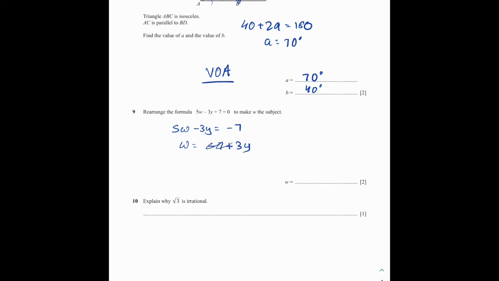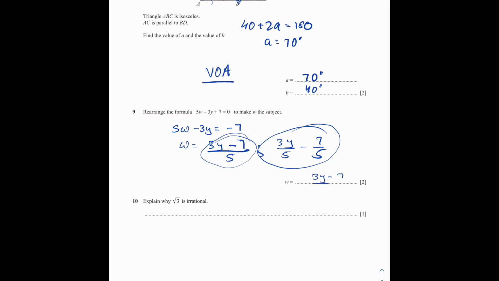Let's just make this look better: 3y minus 7 over 5. Other answers could be 3y over 5 minus 7 over 5. Whatever you find suitable. I'm just going to write 3y minus 7 over 5.